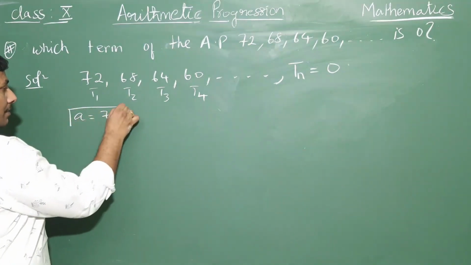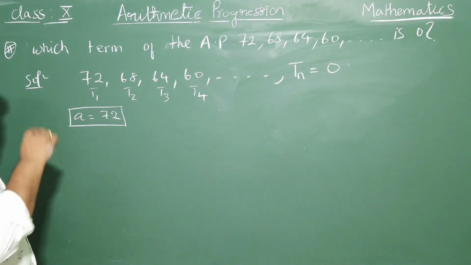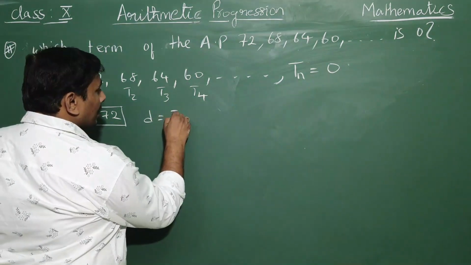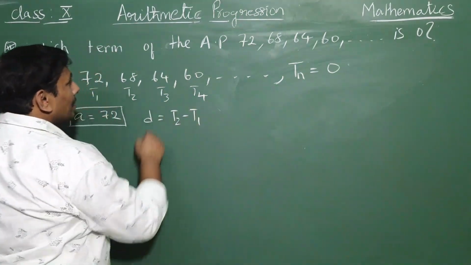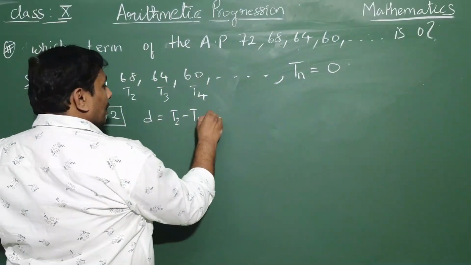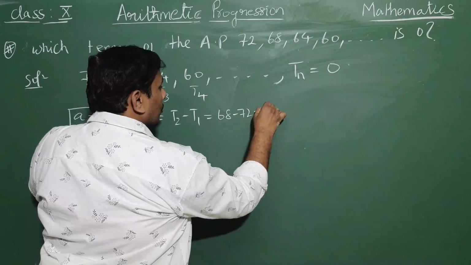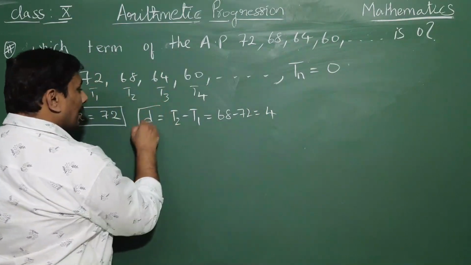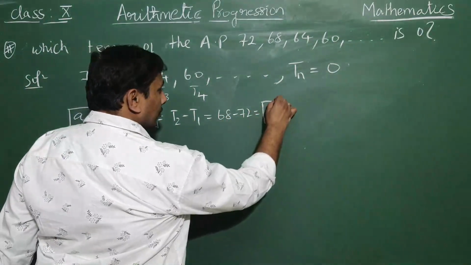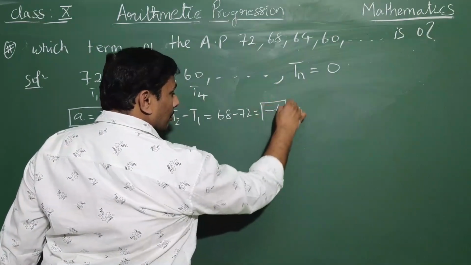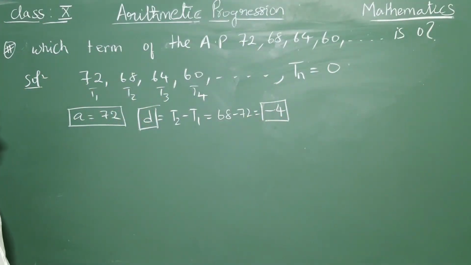The first term itself is A, because we have to substitute the A value in the formula. We will find the difference, T2 minus T1. Since it is an AP, directly we can take 68 minus 72, that is minus 4. So the D value is minus 4.